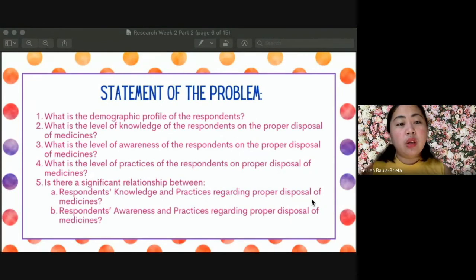You can look at your articles and just identify the relevant demographic profile. So if you want to know the relationship later on between knowledge and practice, what are the demographic profile items that would affect these aspects? Okay, so will you consider age?